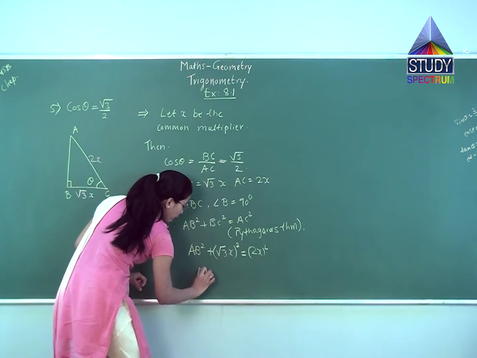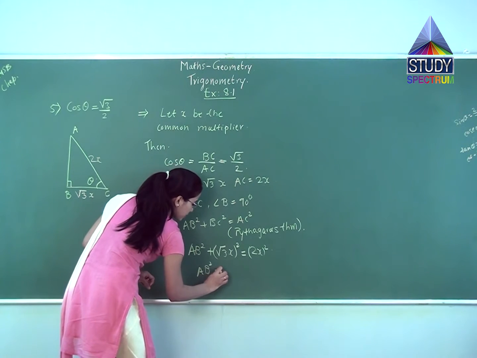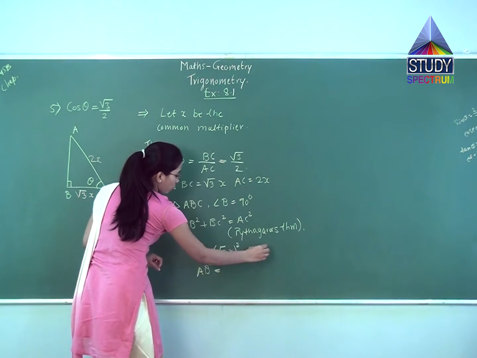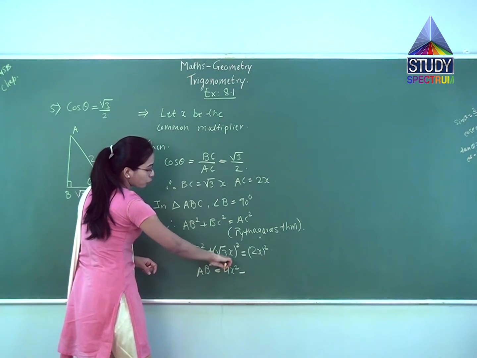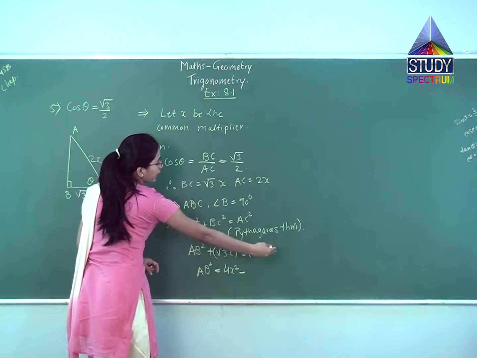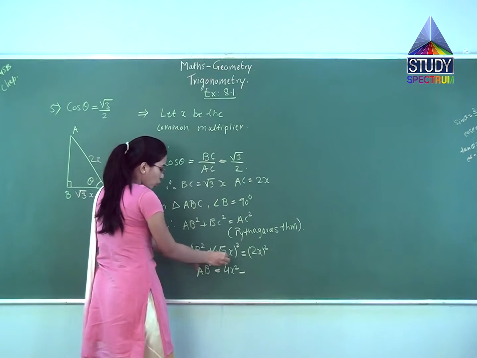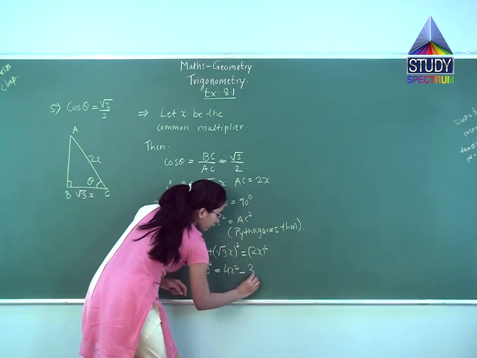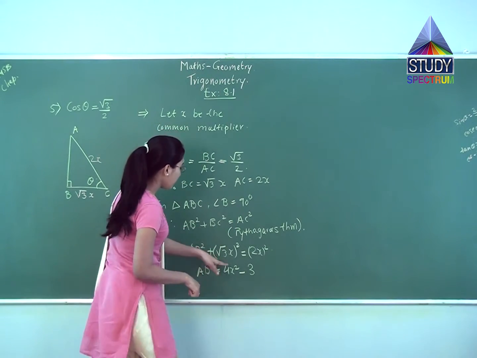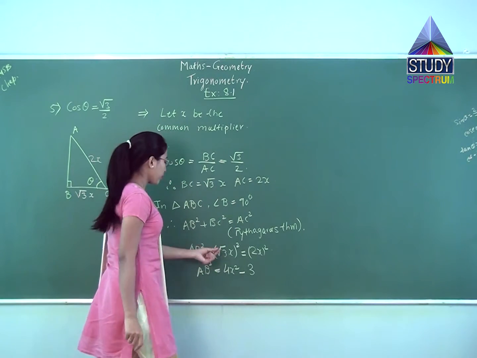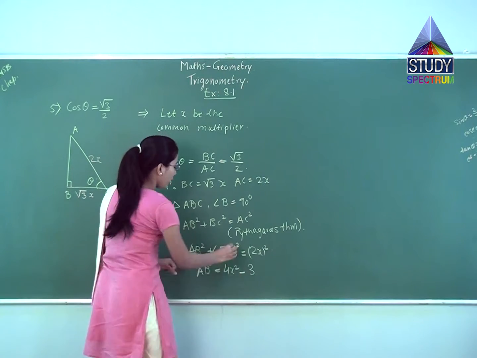So AB square as it is, 2x square will be 4x square, minus we have to square this quantity and we will transfer it to the right hand side. So root 3 square will be 3 because square of root will cancel and we will get that number only. So 3 we have and x square.